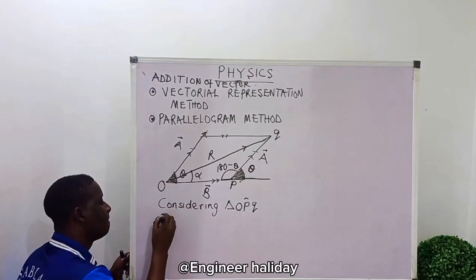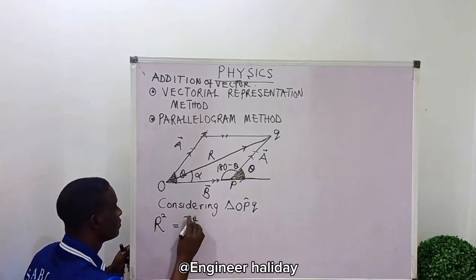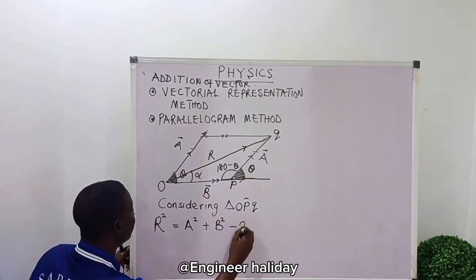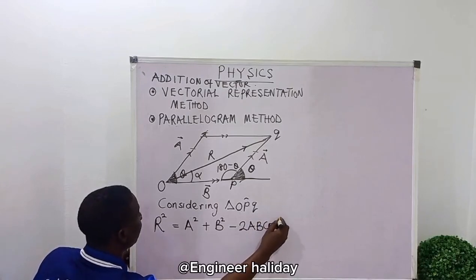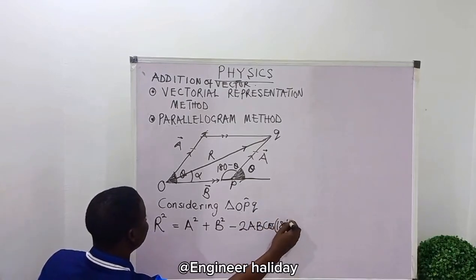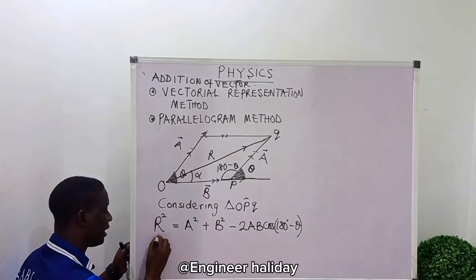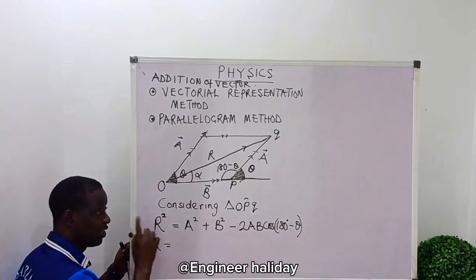R squared is equal to A squared plus B squared minus 2AB cos(180 degrees minus theta). If you want to find the resultant R, take the square root of both sides.